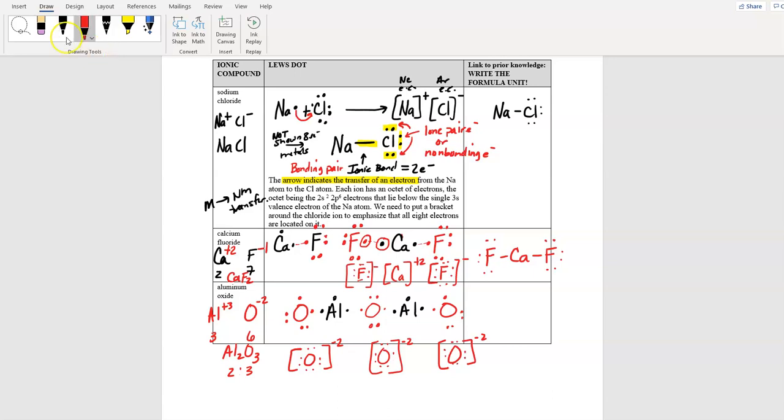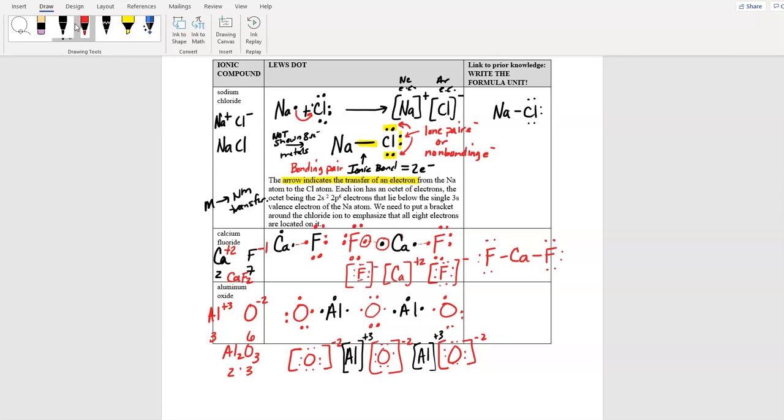Okay? Now for the aluminums, they're going to lose 3. So with that aluminum, he loses 3, so we put a +3 charge. And then over here, that aluminum, +3 charge. No more valence electrons as in dots. He has valence electrons, but he lost those dots.